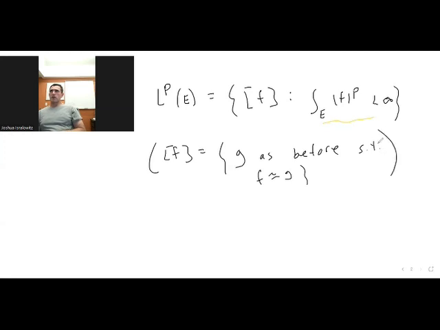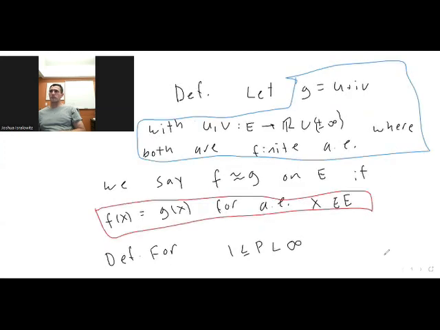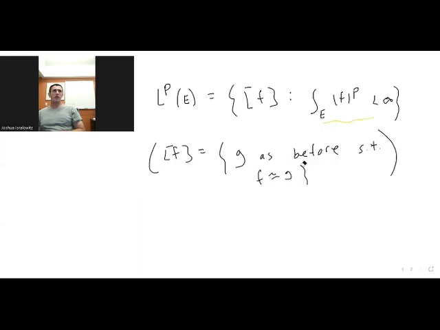All right. So that means f equals g almost everywhere. I guess maybe to be clear, I don't really need this, but this is on E.